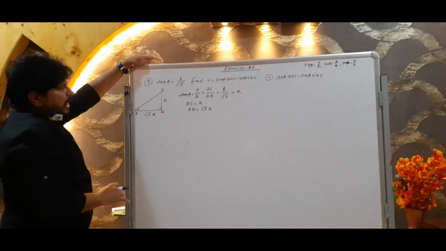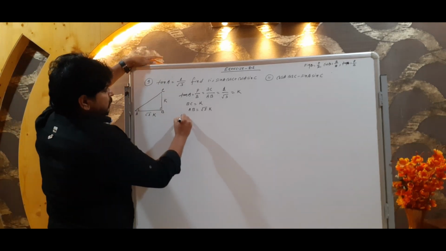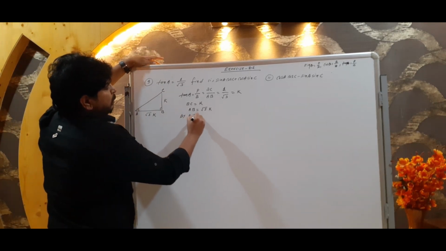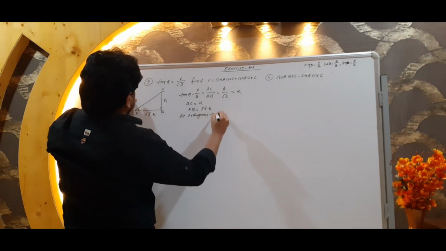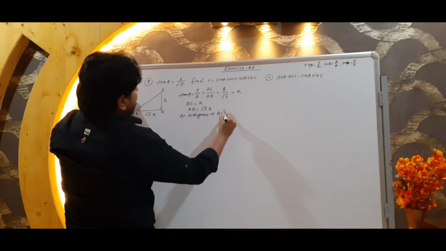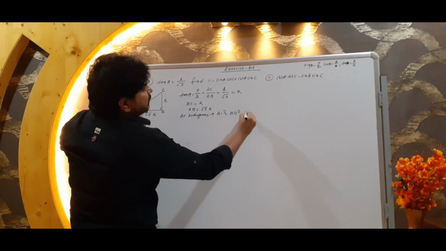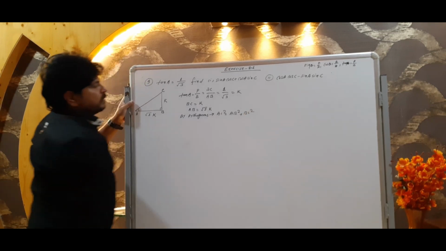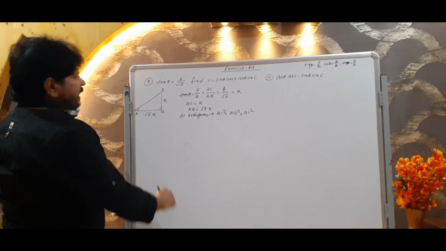Clear this thing? Now we can find out the hypotenuse by Pythagoras. AC square is equal to AB square plus BC square. In that case, what will happen?